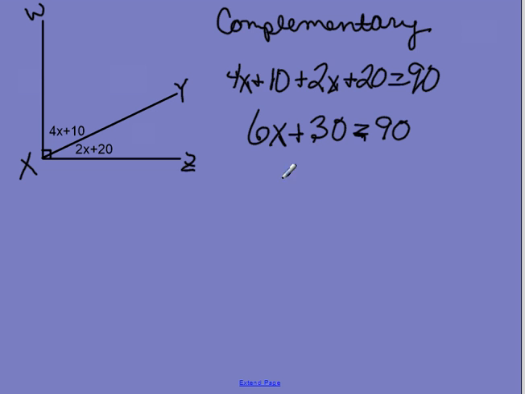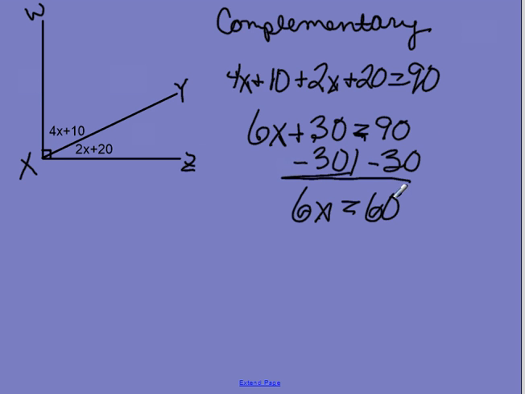All right, and then I use algebra to solve my equation. So I have my upside down t. And I'm going to subtract 30 from each side, which is going to leave me with 6x equals 60. And then I divide both sides by 6, which should give me x equals 10.